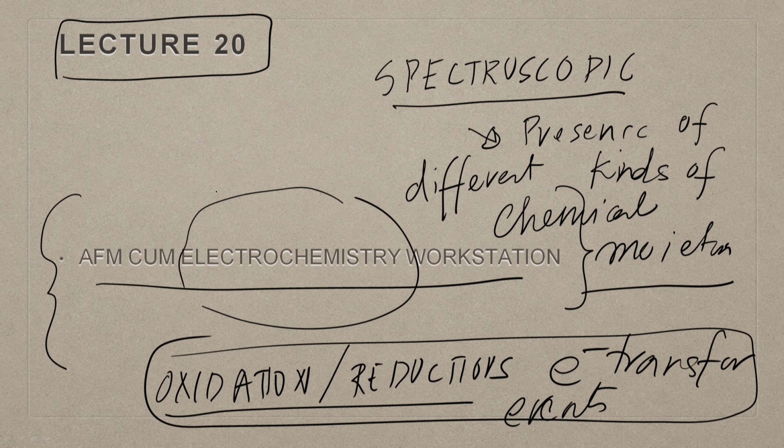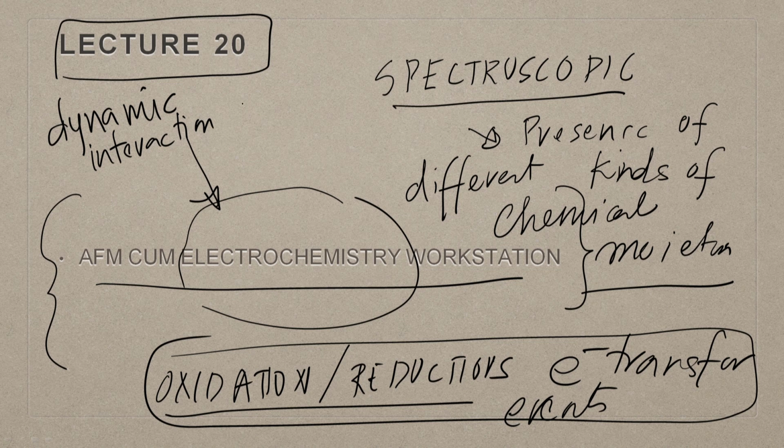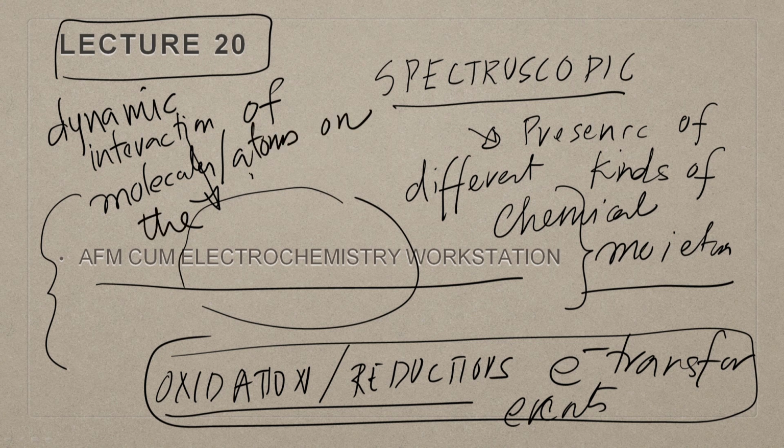This kind of setup is used exclusively for that kind of study, where in parallel you can see the dynamic interaction of molecules and atoms on the surface of the sample.